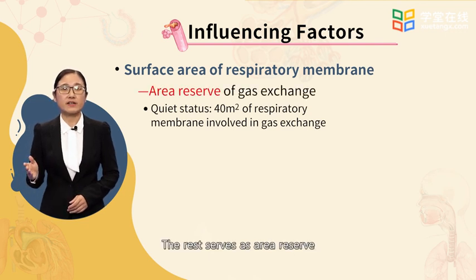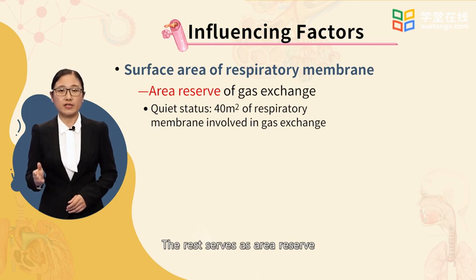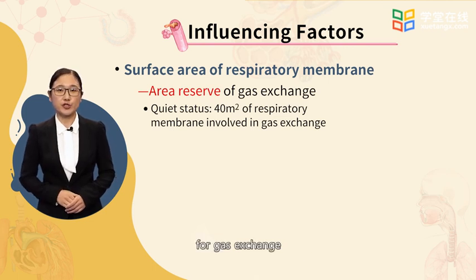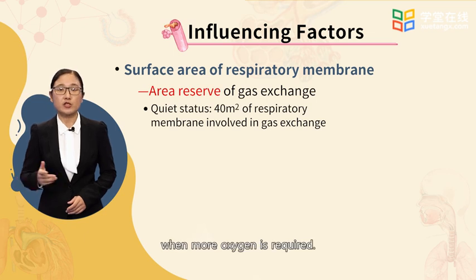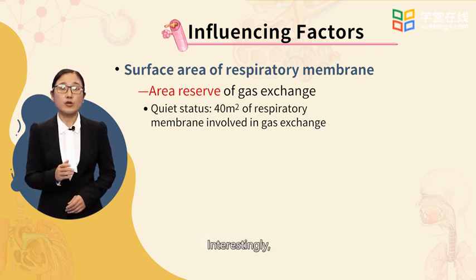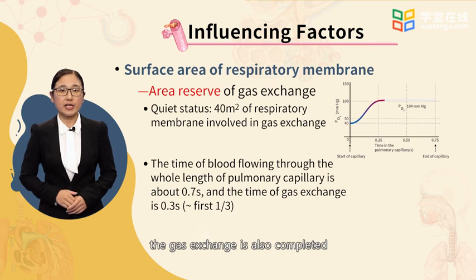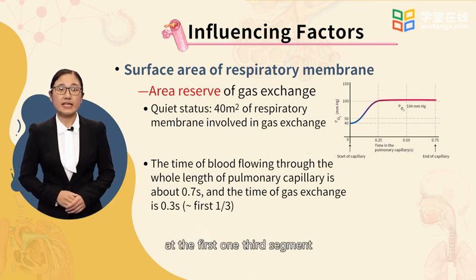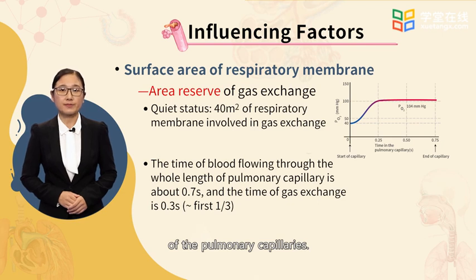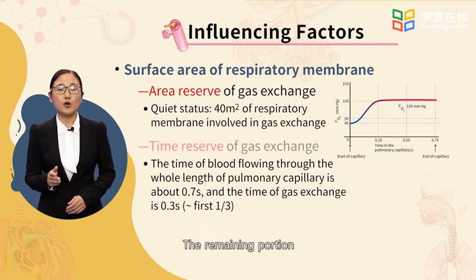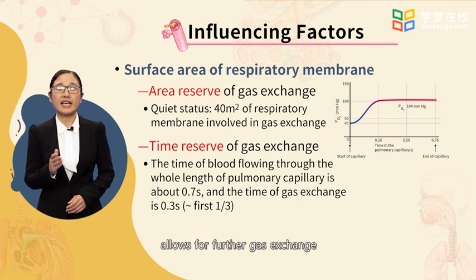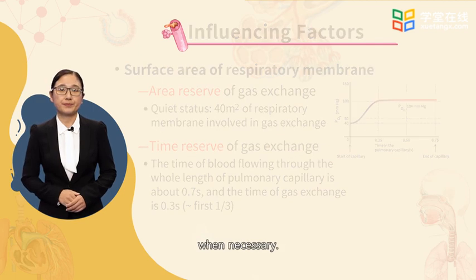The rest serves as area reserve for gas exchange in excess or disease when more oxygen is required. Interestingly, the gas exchange is also completed in the first 1/3 segment of the pulmonary capillaries. The remaining portion allows for further gas exchange when necessary.